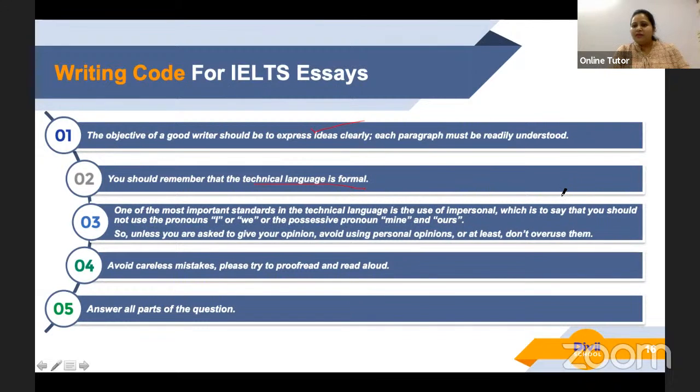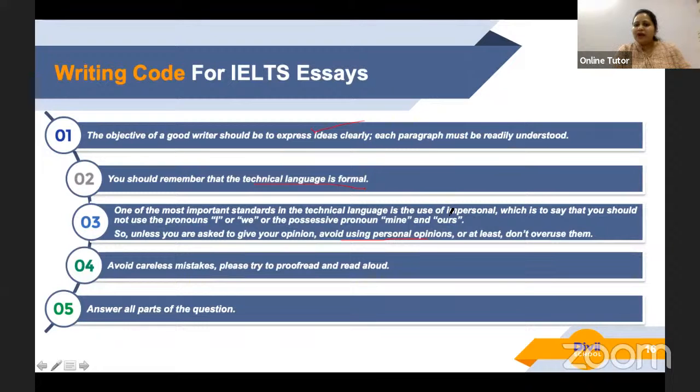Another important thing to understand is that unless you're asked to give your opinion, please avoid using personal opinions, or at least do not overuse them. Only if the essay is asking you to give your opinion, then you use terms like I think, in my point of view.